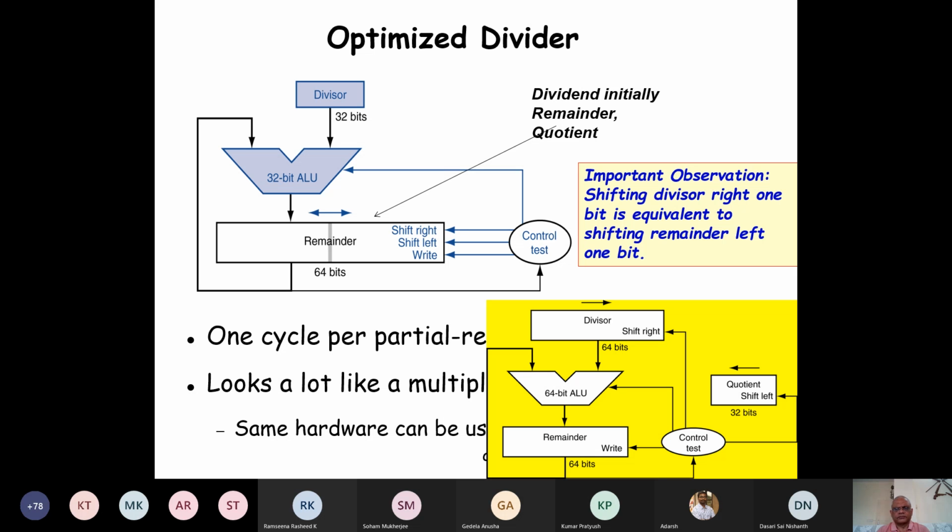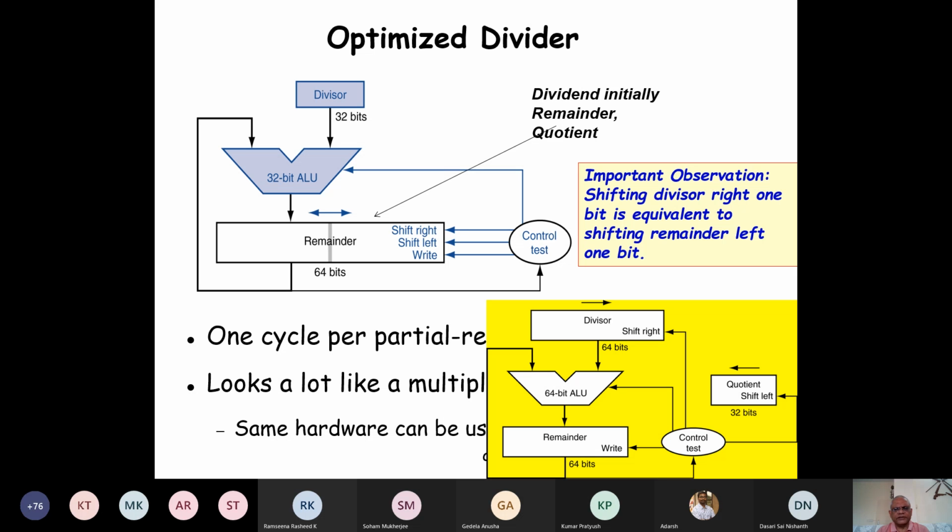Okay, it's a tough question actually. Why do we need a shift right and this write enable? The answer lies in realizing that this is the same hardware for multiplication as well. If you look at the optimized hardware we finally came up with for the multiplier and the optimized divider, they have the same hardware.